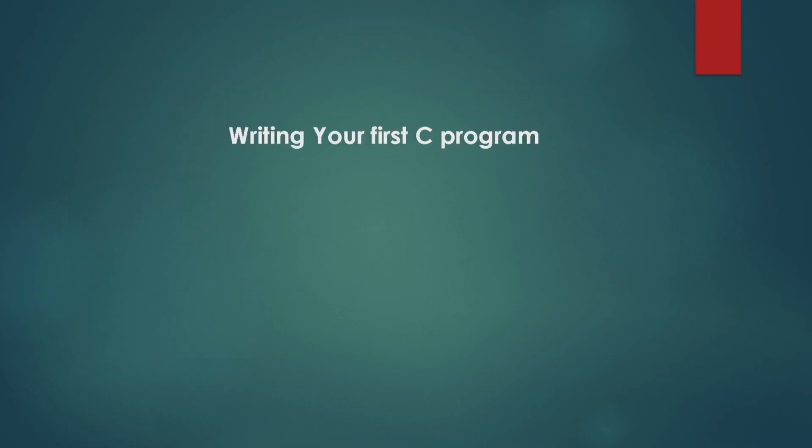Now, writing your first C program. Like I told you, you'll be needing an IDE or a text editor. But before I show you how to use Vim or another text editor, I'll be using an IDE, which is Code::Blocks. Now, let's write your first C program.